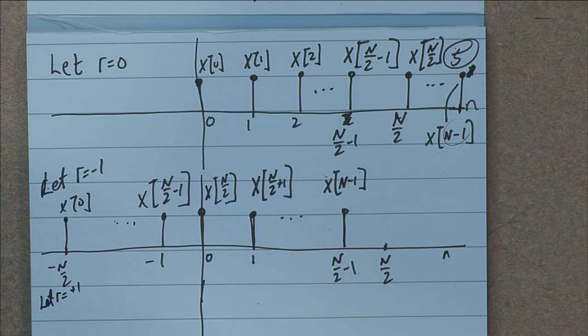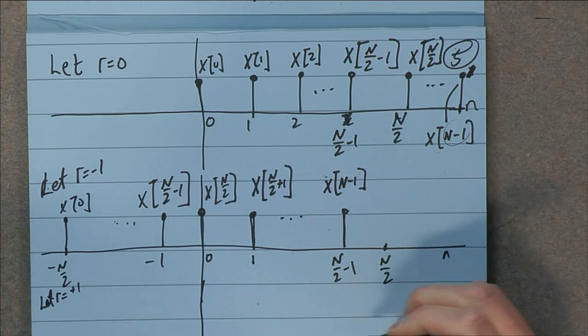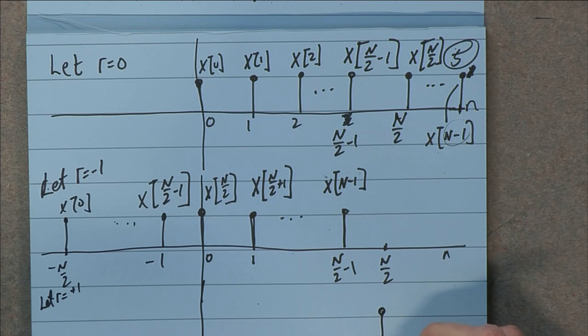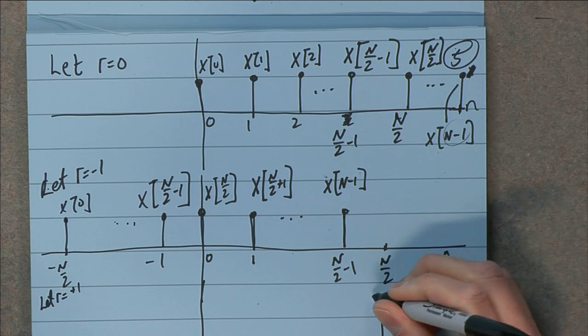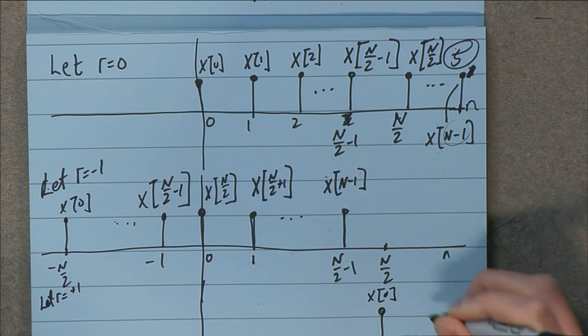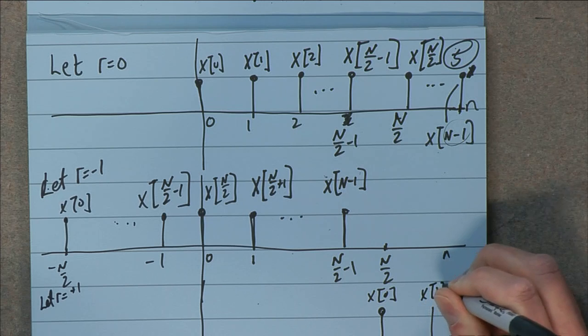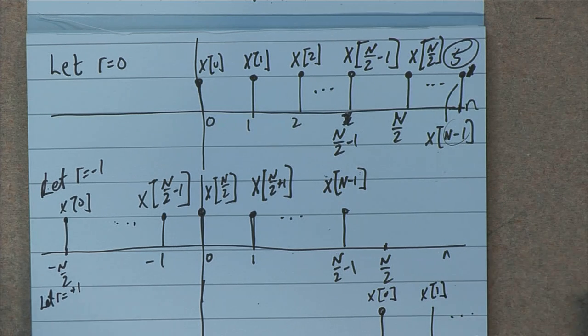So how do we draw that? That means we start at n over 2. And that's going to be x of 0. So that's n over 2 plus 1. That's x of 1 dot dot dot. Things keep moving.